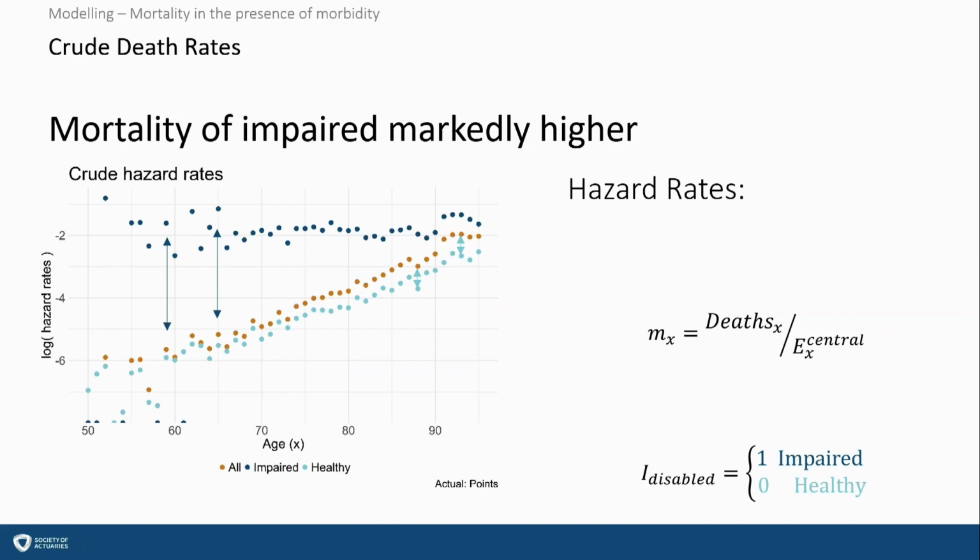The next step would then be to consider morbidity. If we were to take that population, separate the healthy from the impaired lives, and then recalculate the crude hazard rates, what would we expect to see? Well, we were hoping or expecting to see, in our case at least, this raised mortality of the impaired lives, so once you've suffered some kind of health event and impairment, your mortality does increase.